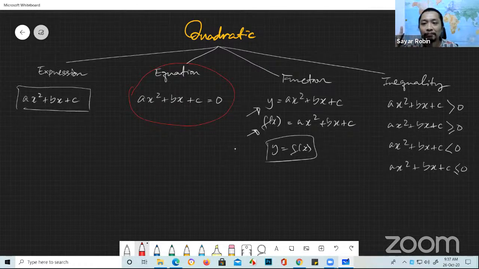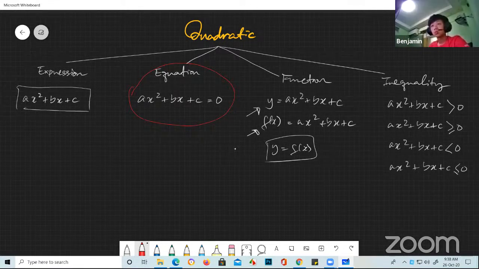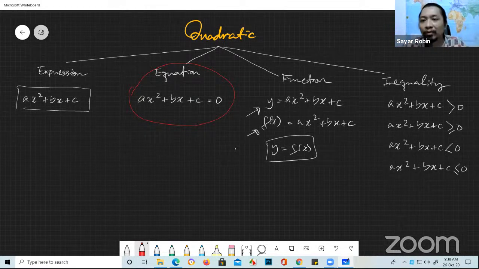Everybody understand? It may be other unknowns, not only x, but because we very often use x as the unknown in expressions or equations in mathematics, that's why we often say x. In fact, we are going to find the unknown when we solve equations.